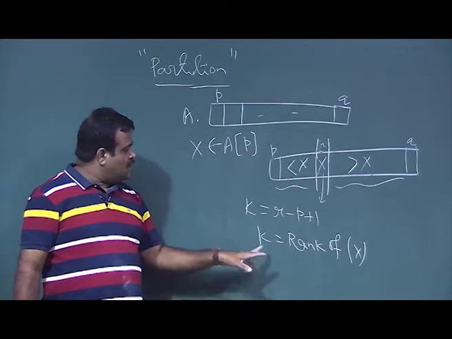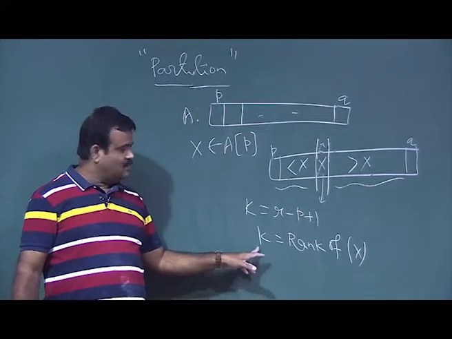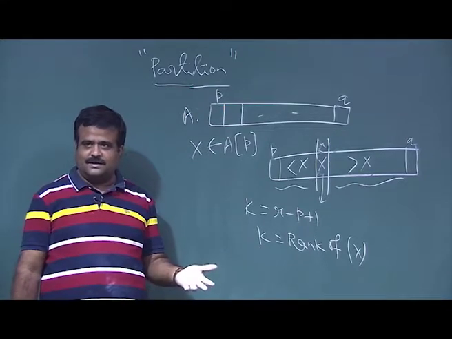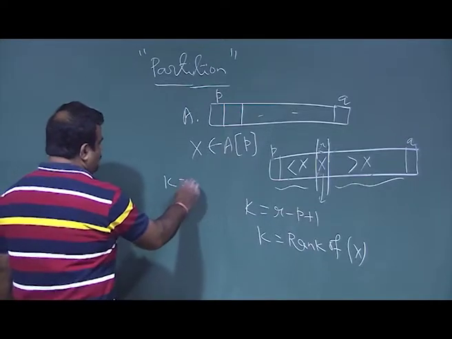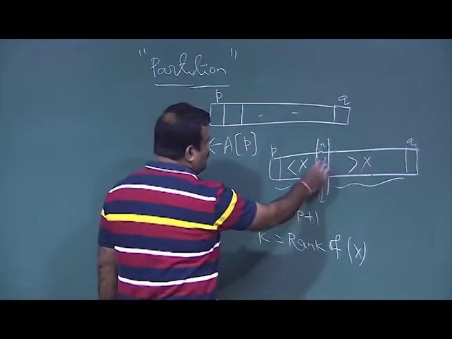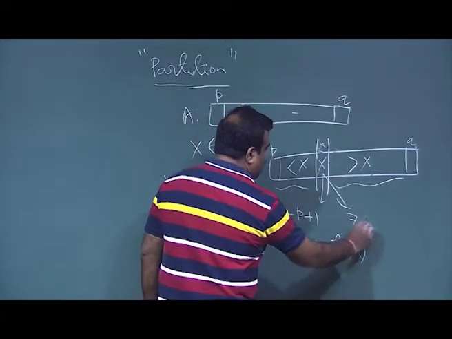So, what do we do now? If we are looking for the kth smallest element, then we got that as our x. Suppose k is 7, suppose our pivot element has rank 7, so this is our 7th smallest element.